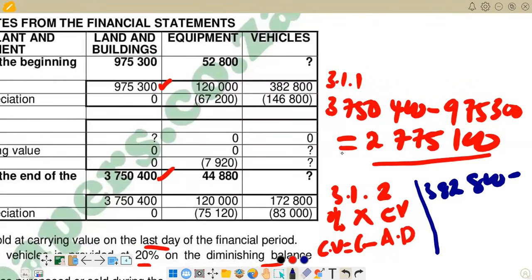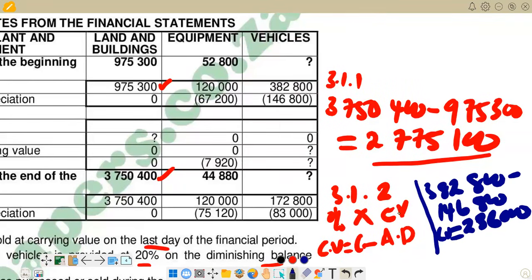Then we subtract the accumulated depreciation that we have at the beginning, 146,800. Then what we get there, this becomes our carrying value. So what we are going to do there, you get 236,000. That's the figure that we get there, our carrying value.